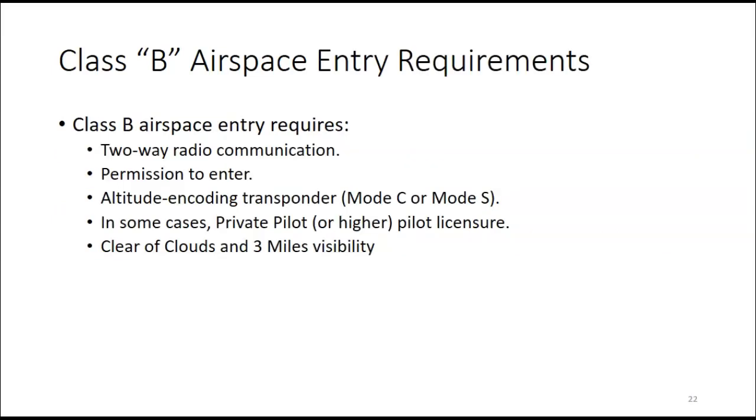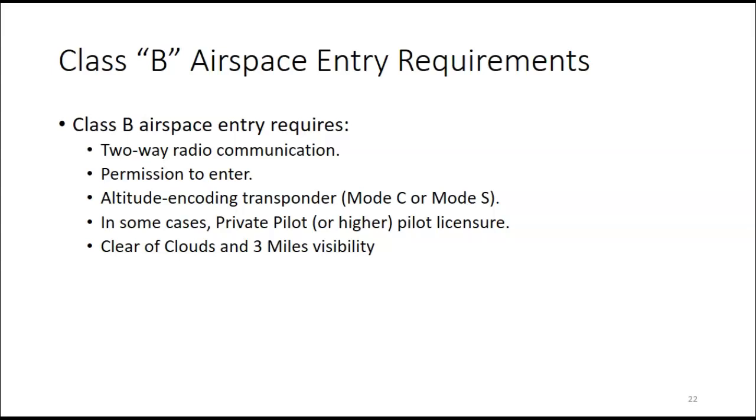So to enter Class Bravo airspace, you also need to establish two-way radio communication, but you need to get permission to enter the Class Bravo airspace. So you need to hear the words "cleared to enter Class Bravo."